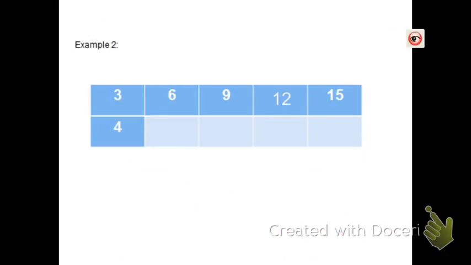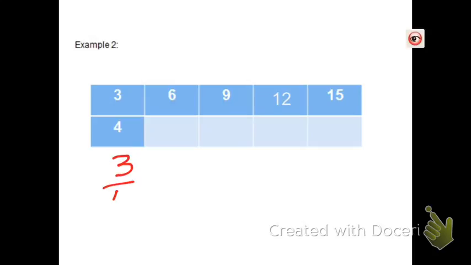Now, here's what a lot of you did when you were trying to solve this one. You said, oh, okay, 3 plus 1 is 4, so 6 plus 1 is 7, so 9 plus 1 is 10, 12 plus 1 is... Okay, a lot of you did that. You just added 1 to every one of them. That doesn't work on this table. Let's see why. Let's write a proportion. Do this on your paper.